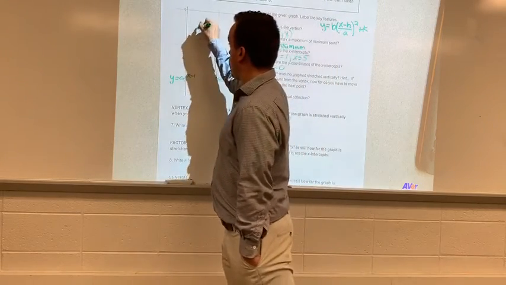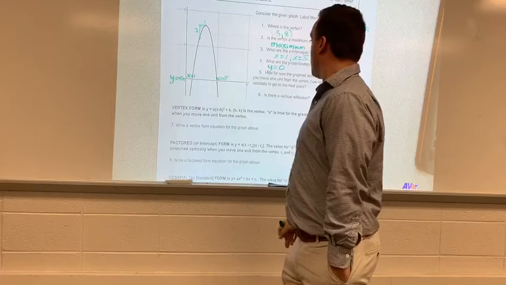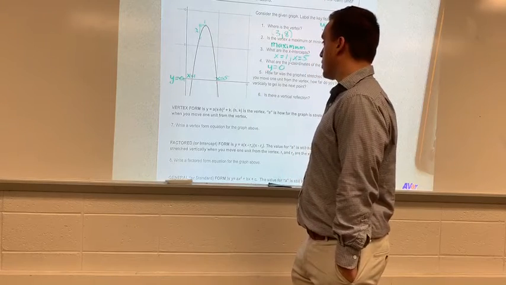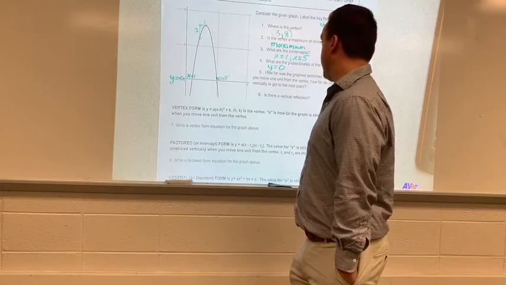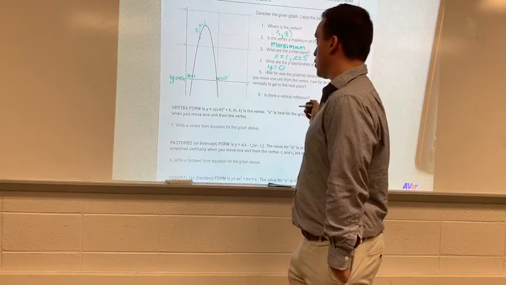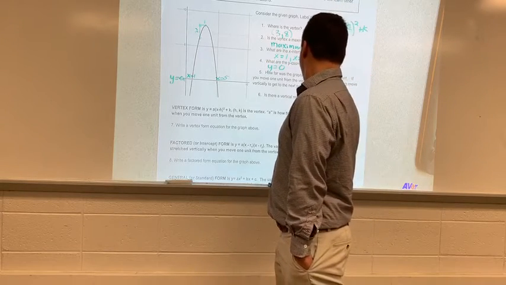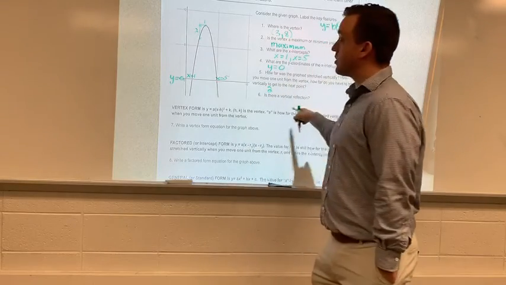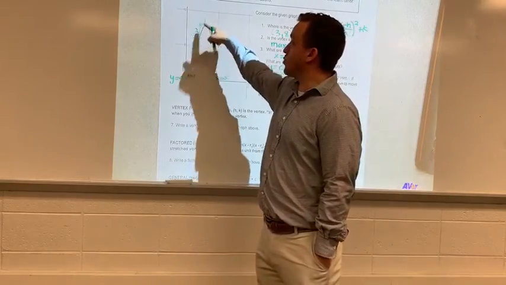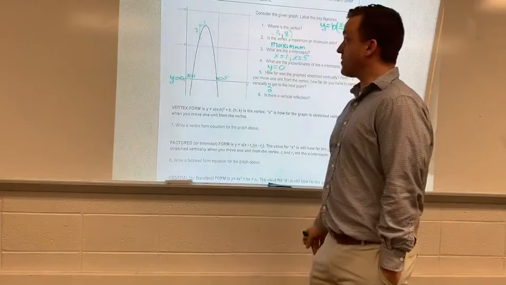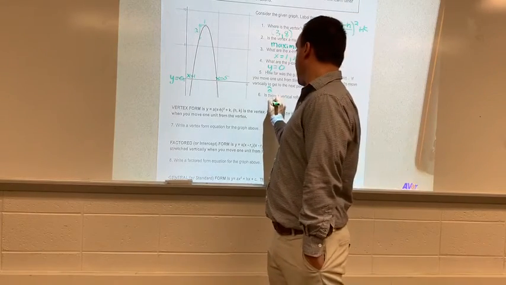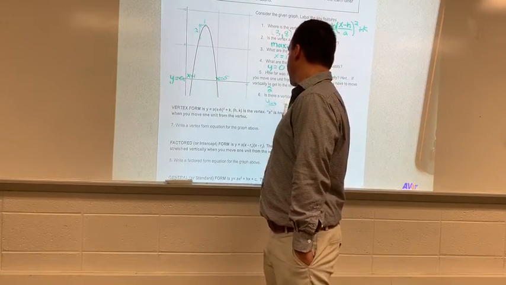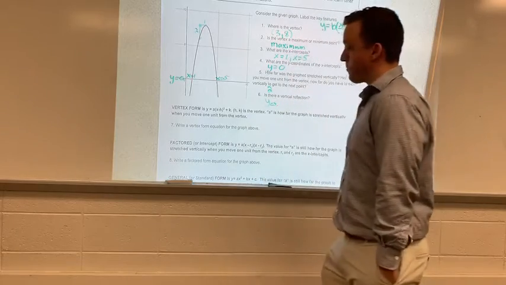So we could see our vertical stretch here is 2. And then is there a vertical reflection? This was reflected over the x-axis. So yes, this is in fact a vertical reflection.